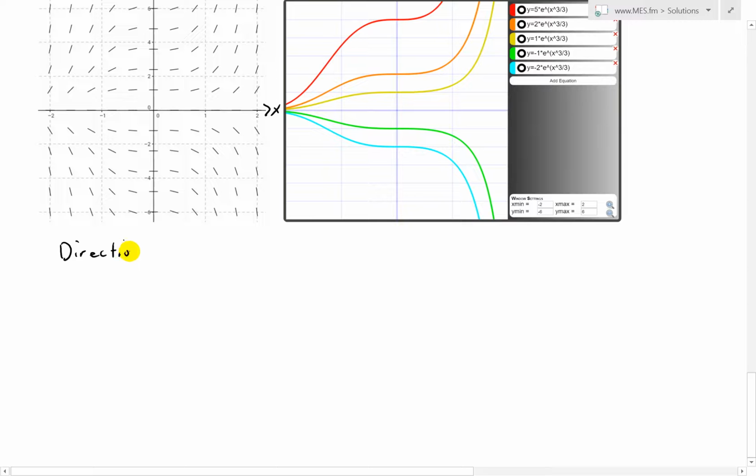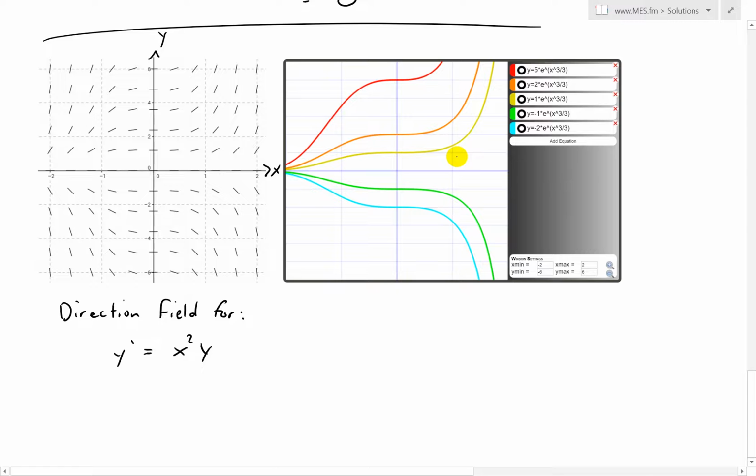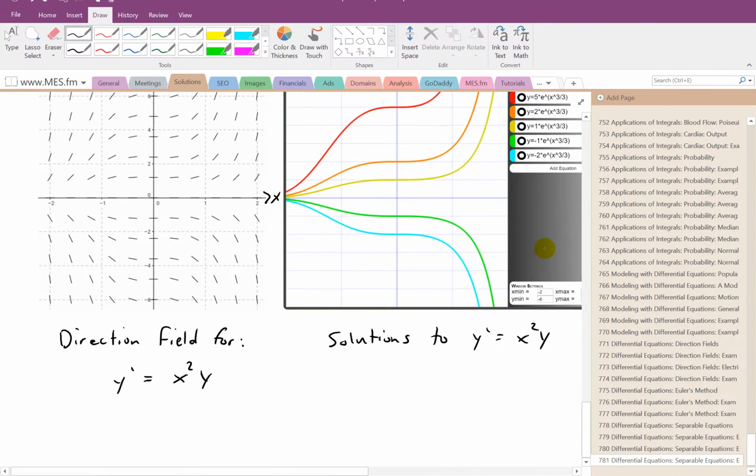This is the direction field for our y prime equals x squared times y, and as you can see, it looks like this. And these are the solutions to this differential equation, y prime equals x squared times y.